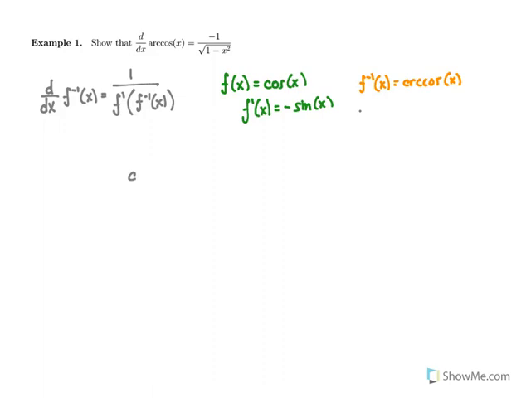So with this formula, we have the derivative of the inverse is equal to 1 over the derivative of the function, that's negative sine, of the inverse function arc cosine.